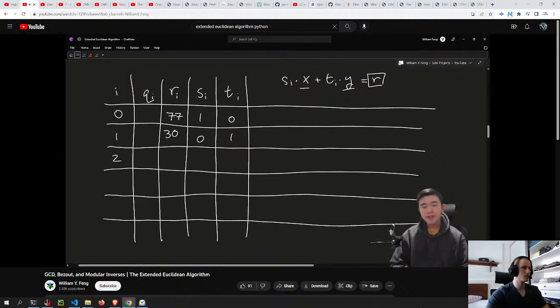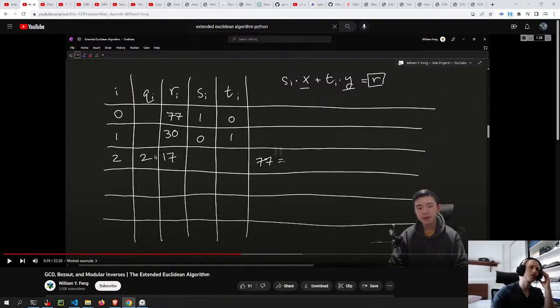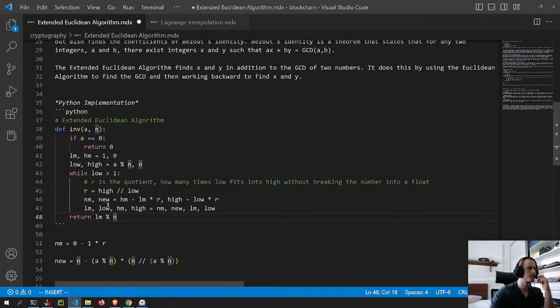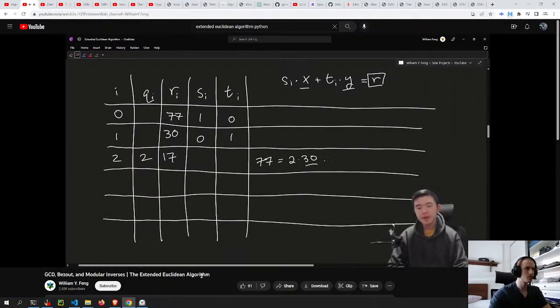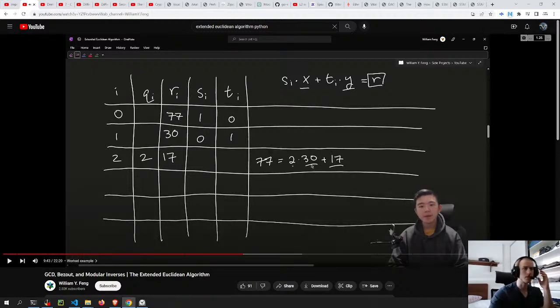So the quotient when 77 is divided by 30 is 2, and the remainder is 17. Now the corresponding equation for this, again, is 77. The quotient is 2, the remainder is 17. Equals 2 times 30 plus 17. Yeah, that's the thing, is multiplying 2 times 30.